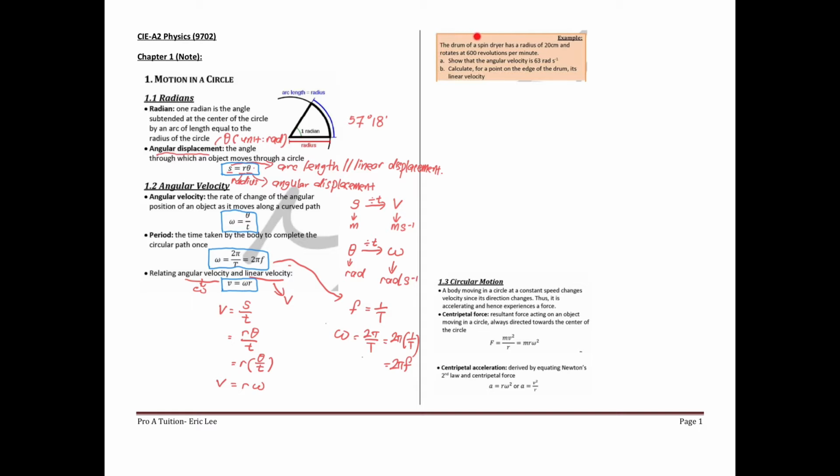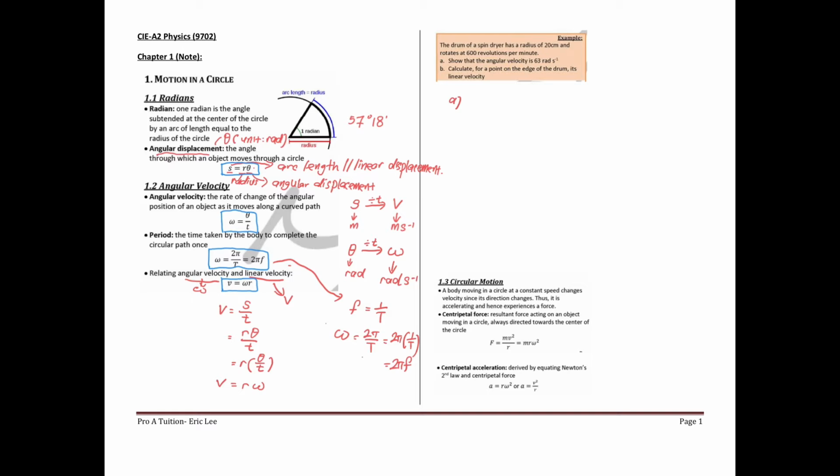The drum of a spin dryer has a radius of 20 cm and rotates at 600 revolutions per minute. Show that the angular velocity is 63 radian per second. So in order to show the answer, let's look at our information here. 600 revolutions per minute.